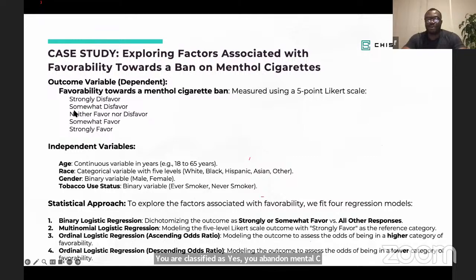Any other response, which is strongly disfavor, somewhat disfavor, or neither favor nor disfavor, means that you do not favor a ban on menthol cigarettes. So that's the first use case. We're going to dichotomize this variable into 2. Dichotomy means 2 things, so we're going to create a binary variable. Binary also means 2 things. And, as the name implies, we use binary logistic regression. That's the first approach we're going to use.